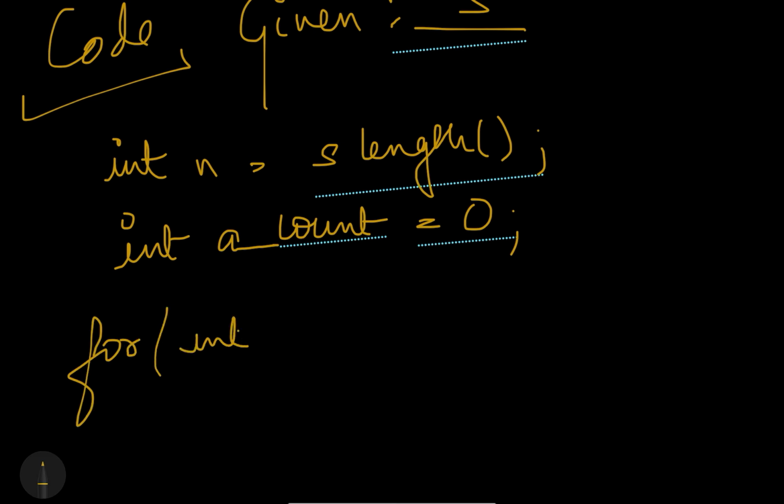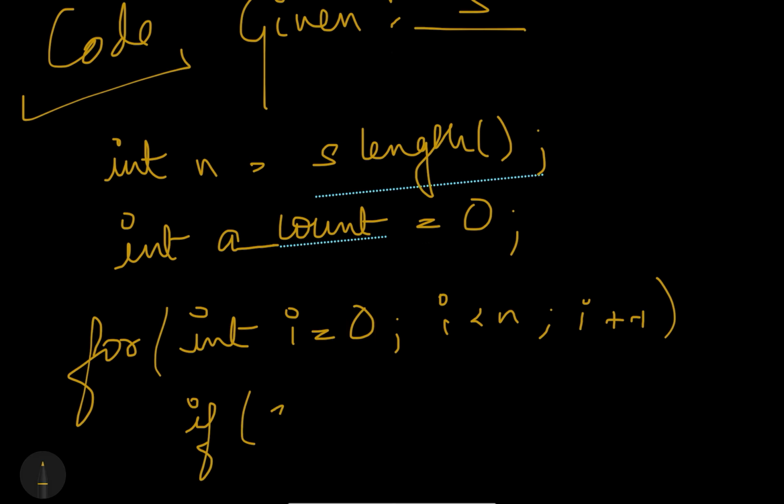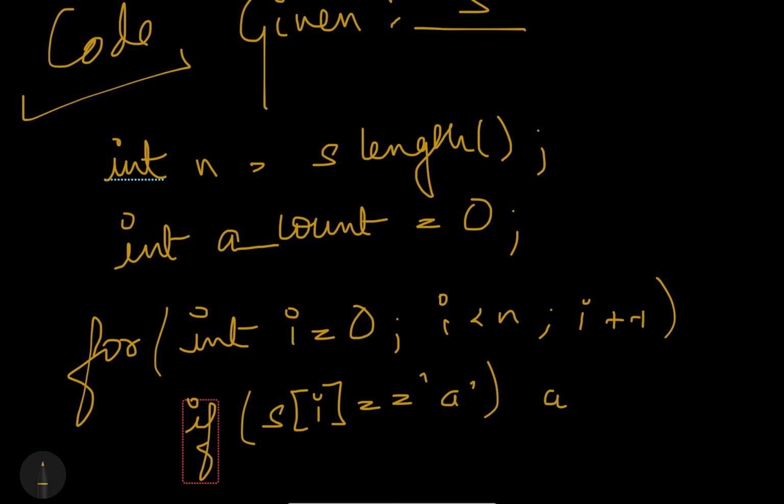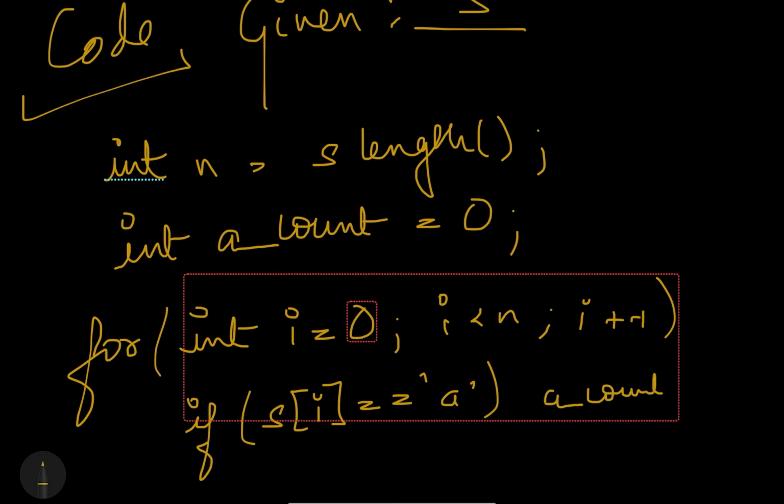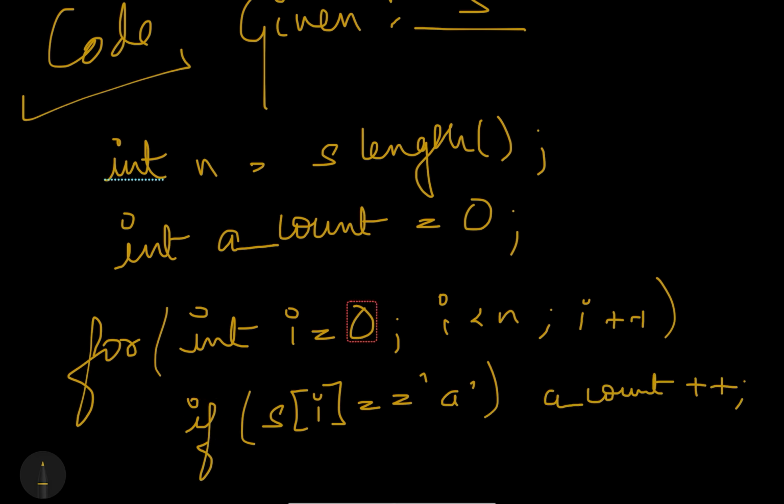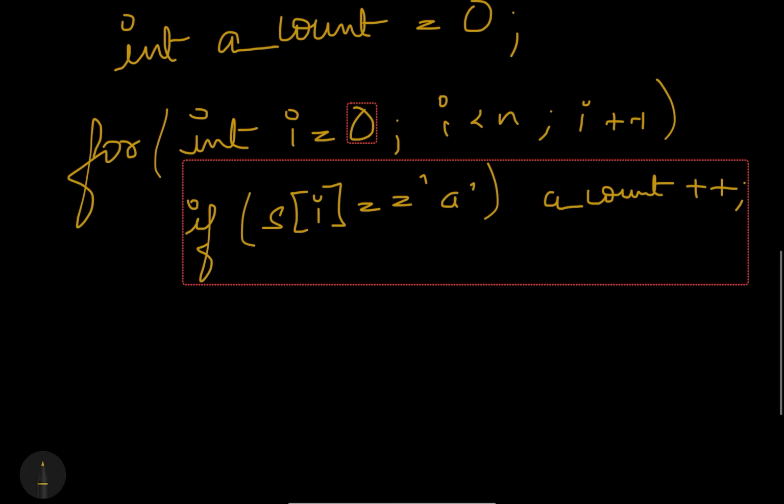In the first iteration through the entire loop, we can check if s of i is equal to a, then a count plus plus.